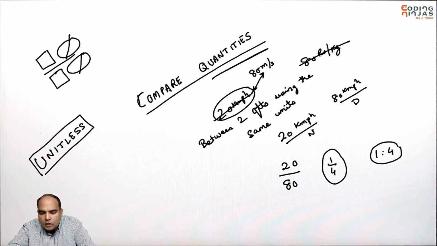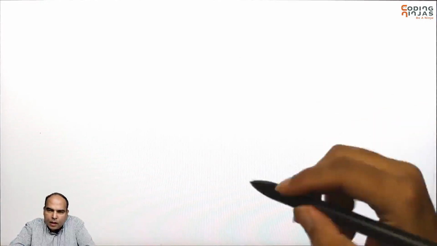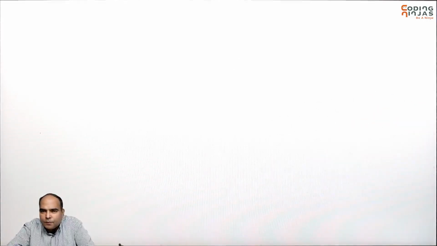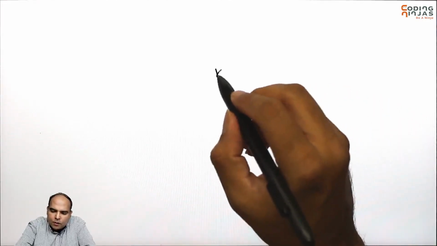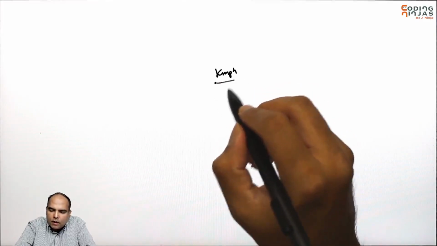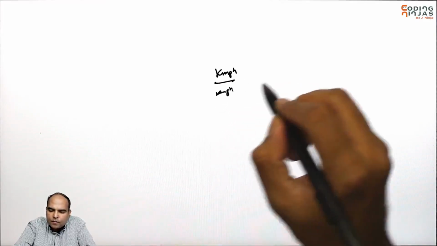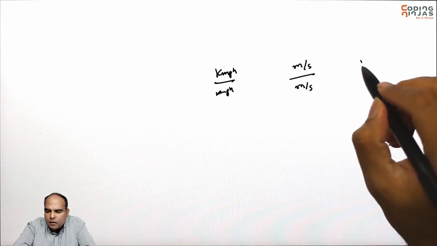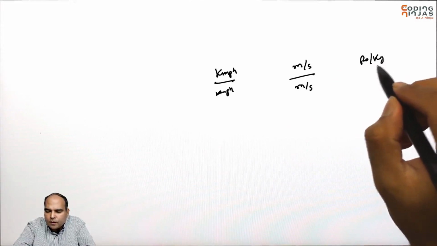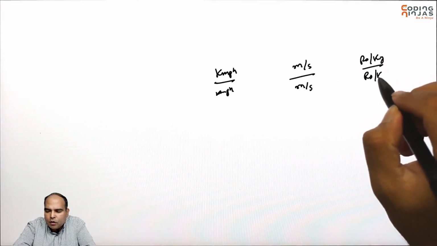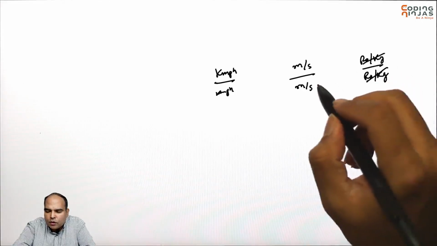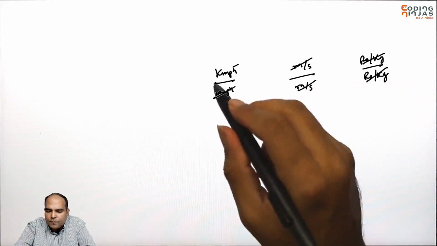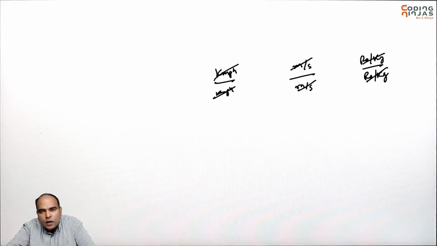Right? Using the logic of dimensional analysis, whether it's kilometers per hour divided by kilometers per hour, meters per second divided by meters per second, or rupees per kg divided by rupees per kg, or any other unit whose ratios you might want to compare, the ratio becomes unitless.